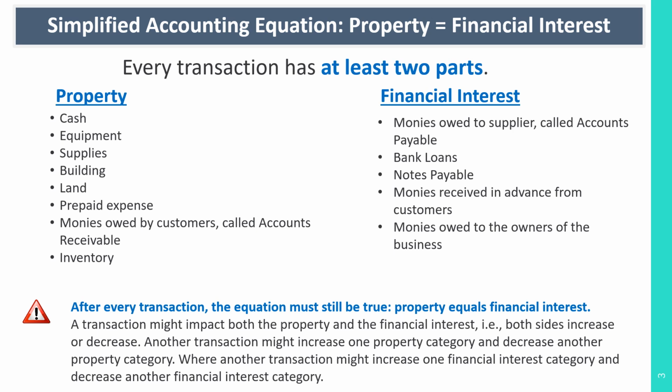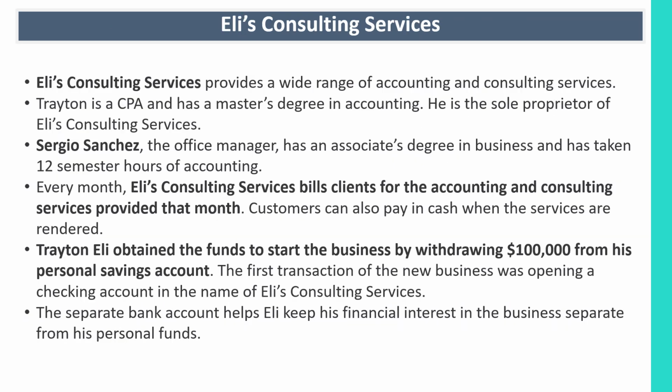Or yet another transaction might increase one financial interest category and decrease another financial interest category. Lots of possibilities. After every transaction, though, the equation must still be true. Property equals financial interest.